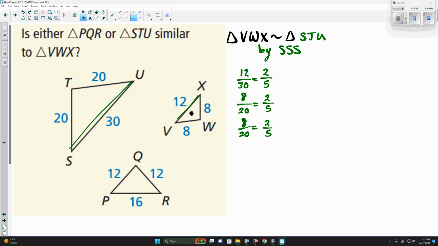Is there any chance that S or PQR is going to be similar?